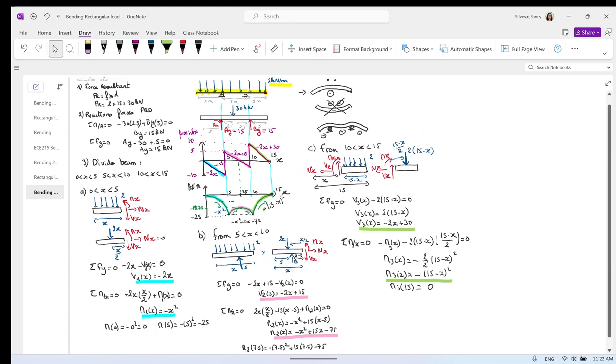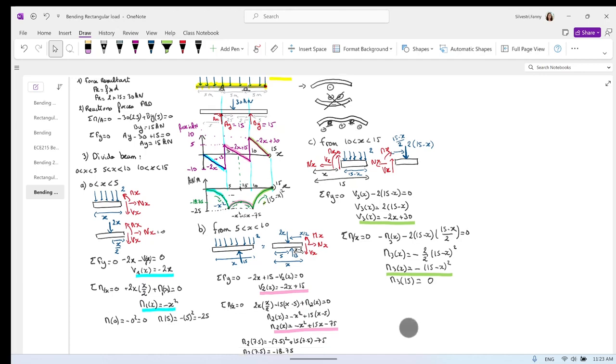I recommend taking the time to take your calculator and draw those functions, if possible just from 0 to 5, 5 to 10, 10 to 15, that will be easier. Or you can use any online software. That will be a very good way to check that your equations make sense. Try to find the moment with your equations at the same point: with M1 at 5, with M2 at 5, and with M2 at 10 and M3 at 10, just to make sure that you have the correct value.